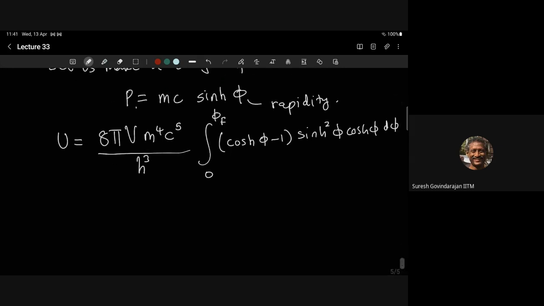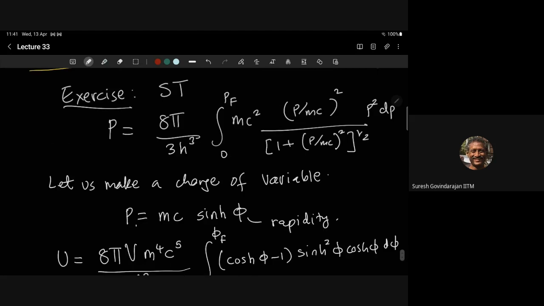This is U, and let's define a function, some function b of x. Don't worry about these factors.